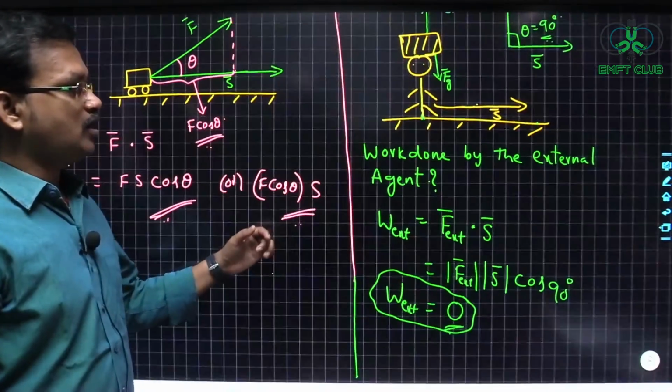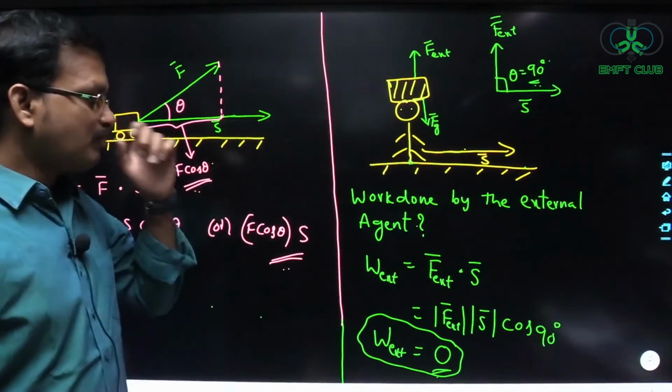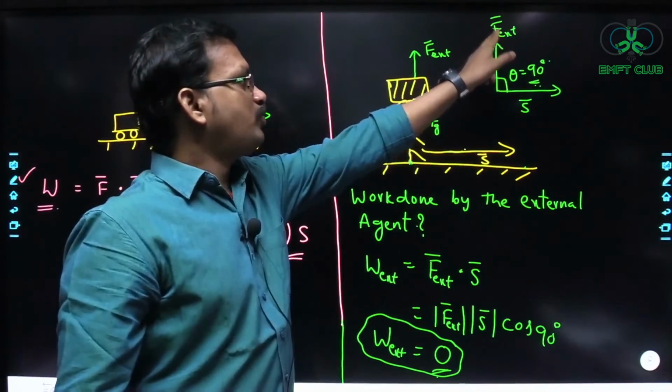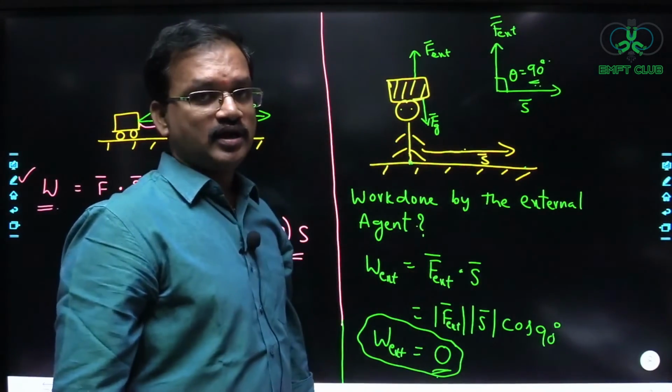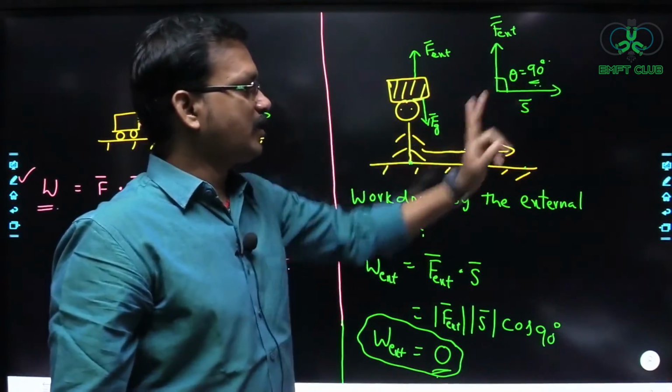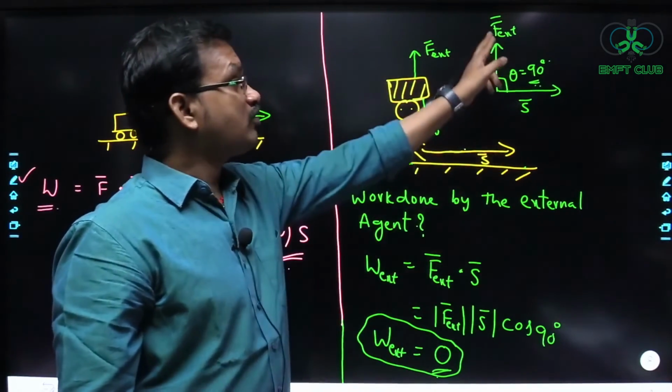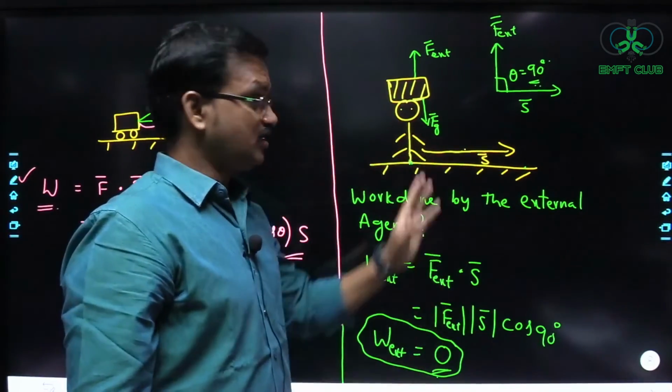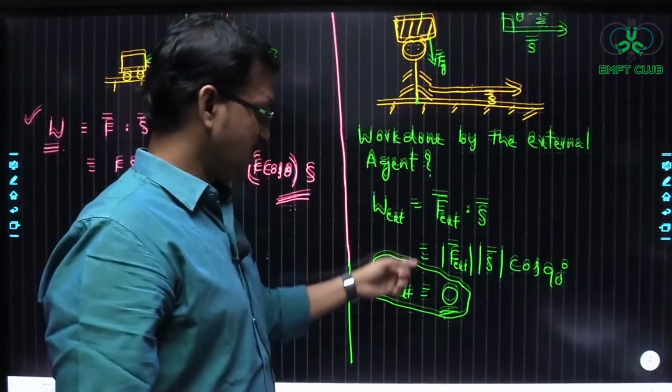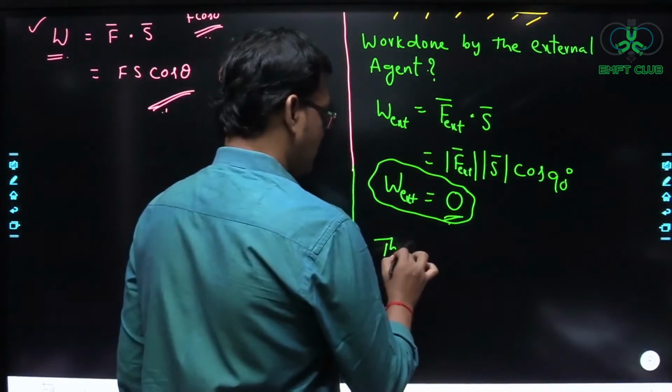So what is the component of F bar along S bar here? Is there any component of F bar along S bar? No. The component of force along the displacement direction is equal to 0 in this case.